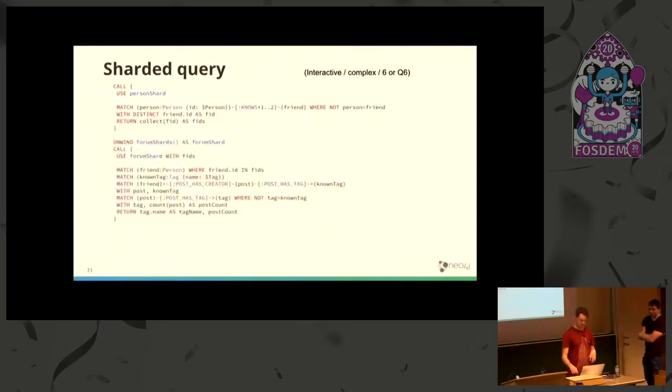And then we continue by going to each of the remaining shards, the forum shards. We import this friend IDs to each of them, and we basically reboot the query at this point by matching for friends where the ID is in this friend IDs collection.